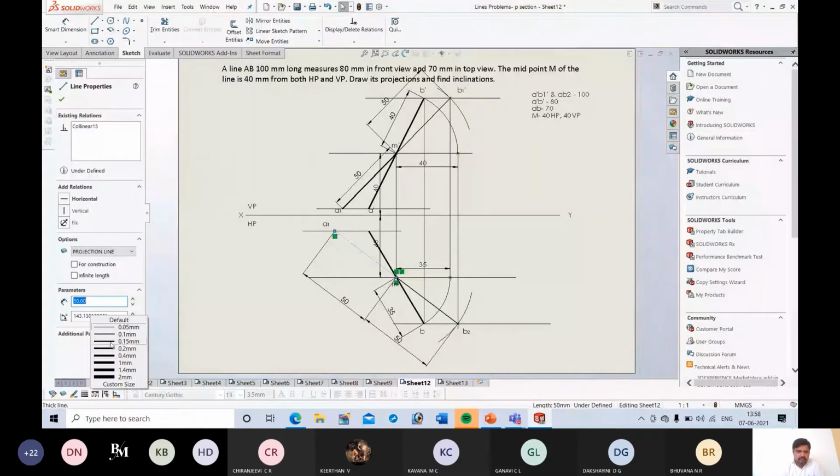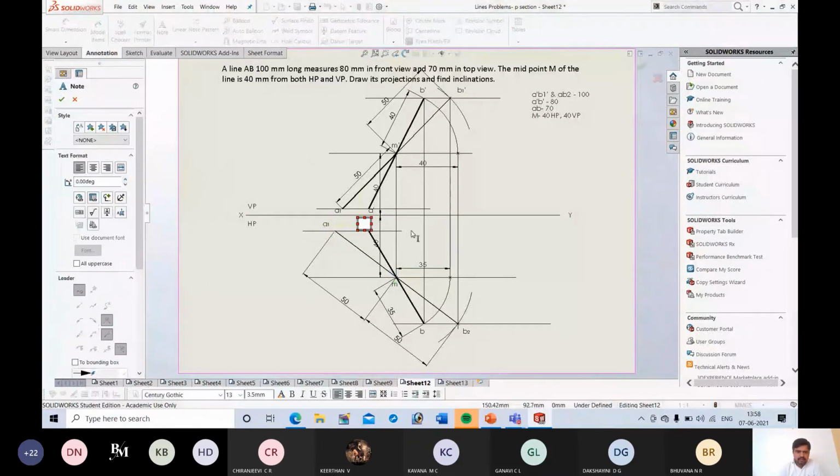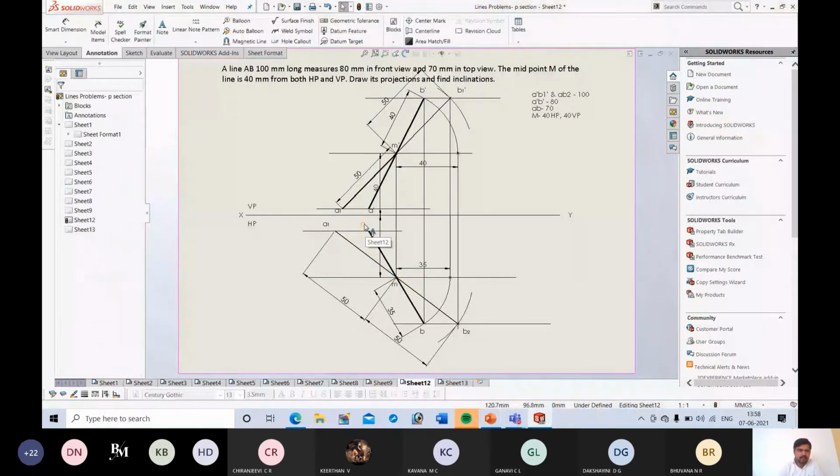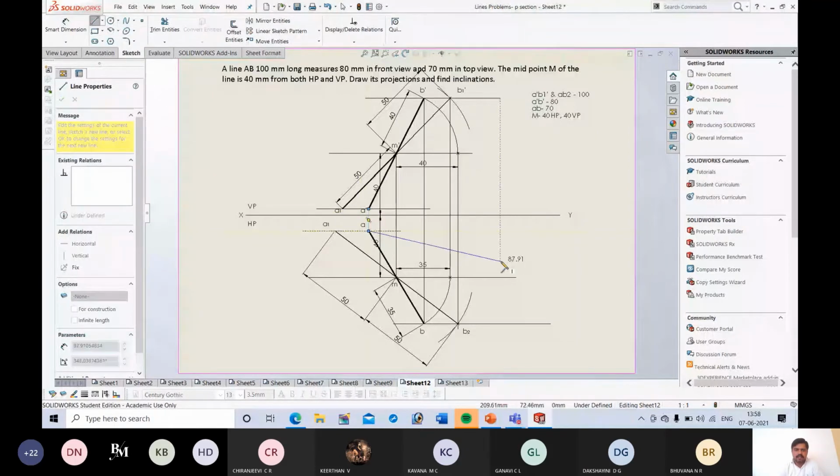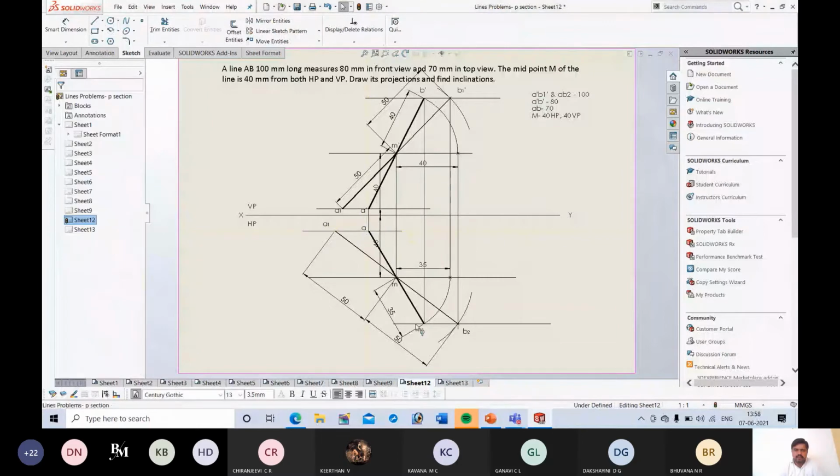If your solution is correct, you should get A dash on a single vertical line, that is one end projector. A dash will be on a single end projector like this. There will be a vertical line connecting A dash, that is one end projector, and B dash, another end projector. If your solution is correct, you will get it like this. All concepts are the same as the previous problem, but the only difference is we start from locating the midpoint and then consider half portion of the line.